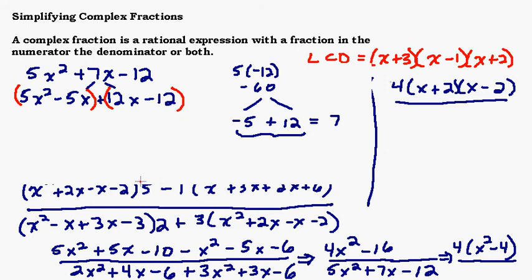And if you need to review factor by grouping, I'm sure you could find a video on that. So group the first two, group the last two. What can I take out of the first set of parentheses? Well, I can take out a 5x, and that's going to leave me x minus 1. And what can I take out of the second parentheses is 12, and that's going to leave me an x minus 1. So then I can take out the x minus 1.